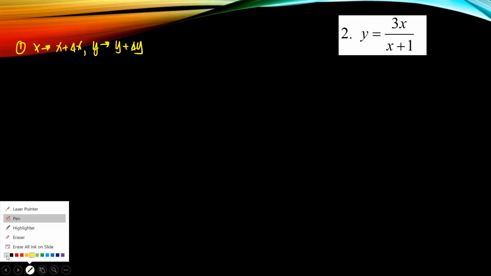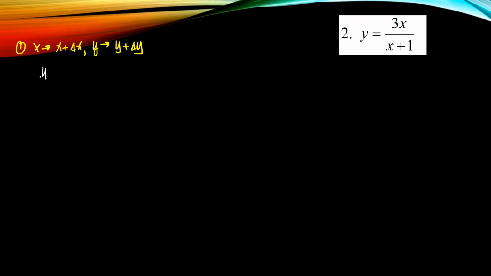So let's answer this. So this becomes y plus delta y is equal to 3x plus delta x all over x plus delta x plus 1. So some of you might say, sir, wala na akong magagawa dito. Yan na lang ang meron ako eh.